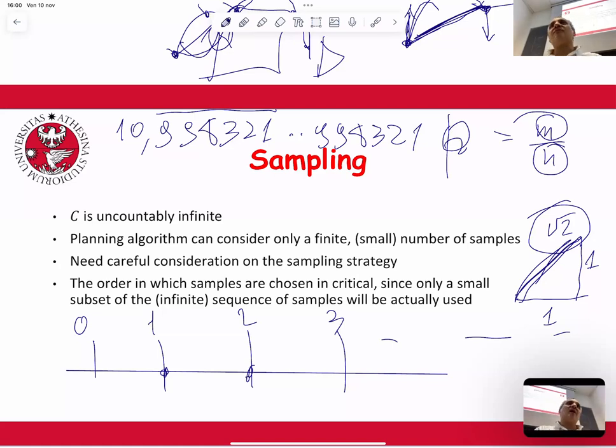Whatever fraction you can imagine, you can have either a finite fractional part or a periodic repetition of a part. So it can be 100 digits, but then at some point it repeats itself.